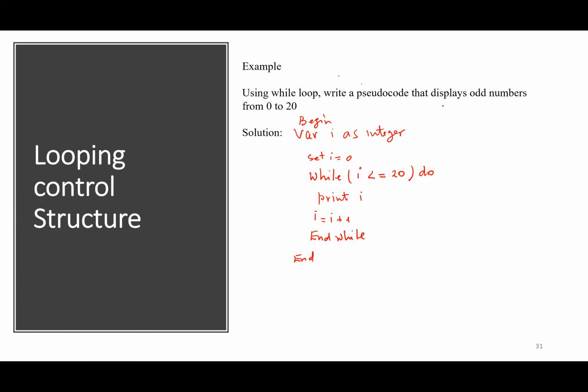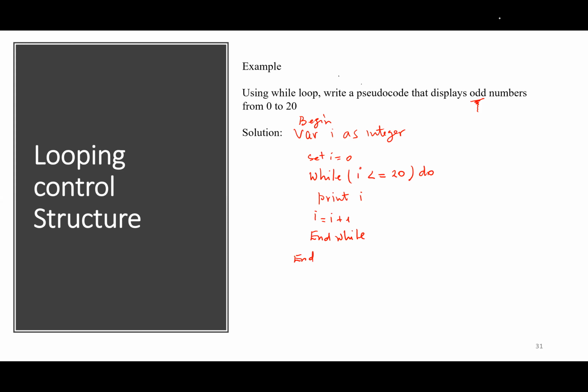So this program, we have said to display odd numbers. Devin, you want to say something? I thought that the program was ending before finding the odd numbers, but we're going to solve that.